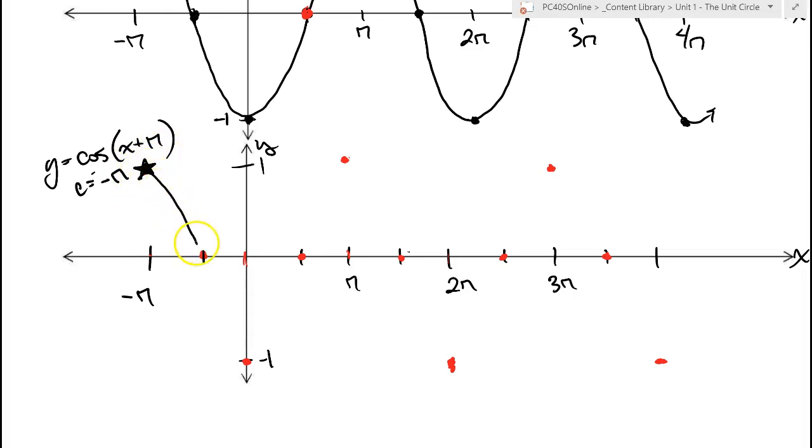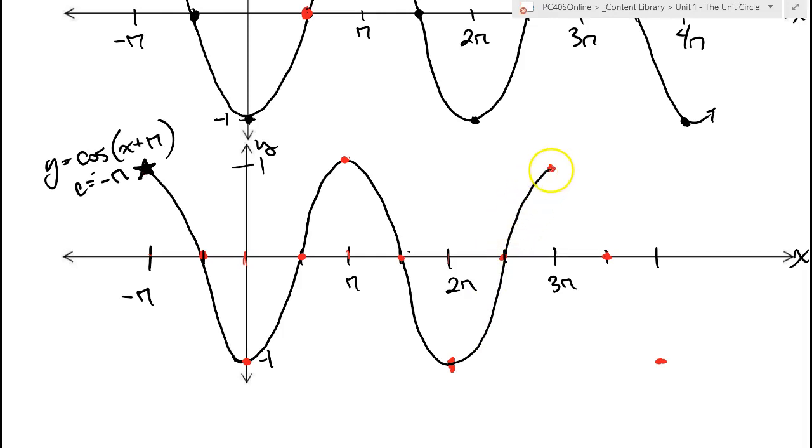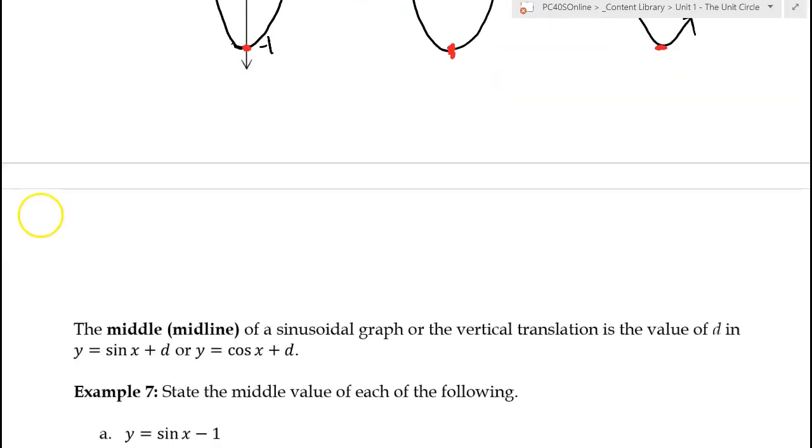Again, I'm just going to make my curve, and extend it out. So that's phase shift.